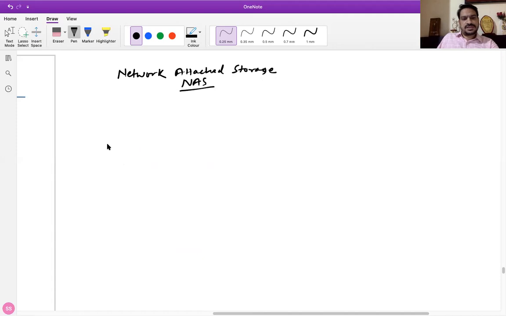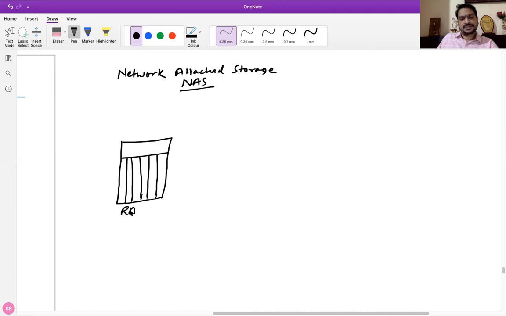As the name suggests, we have a storage area, and this particular storage area has different storage devices. Let's say you have multiple hard drives available in the form of RAID, that is called redundant array of independent disks.